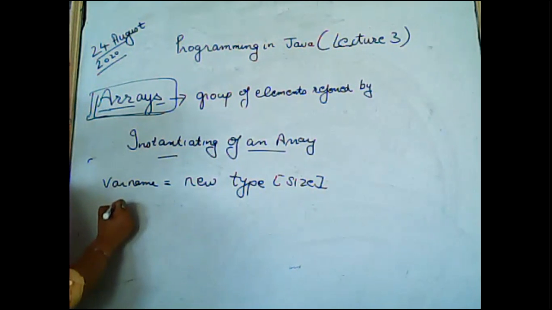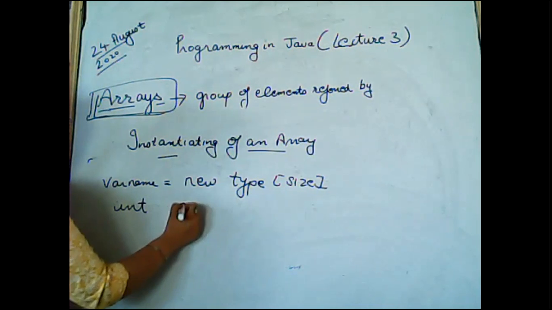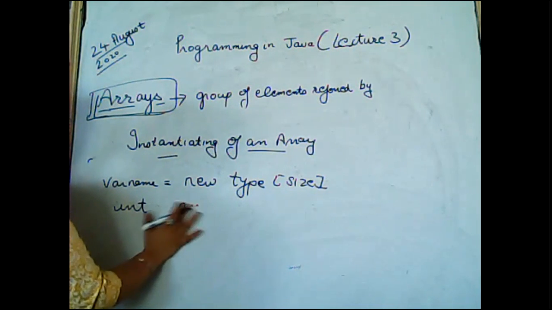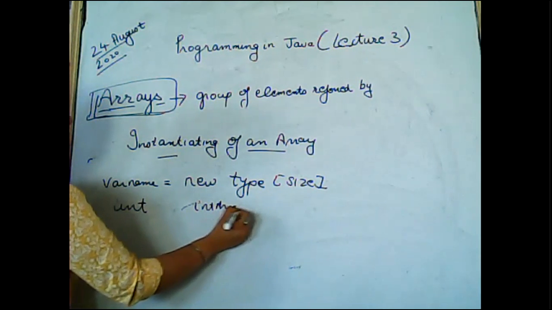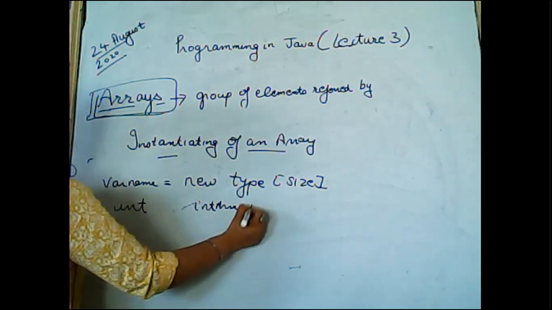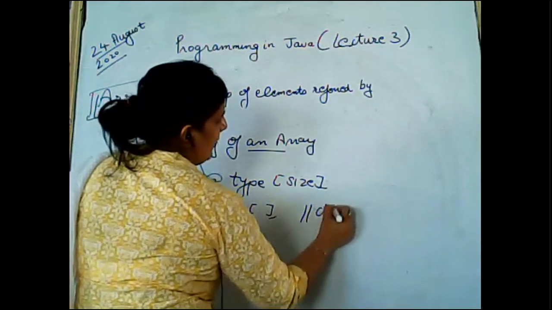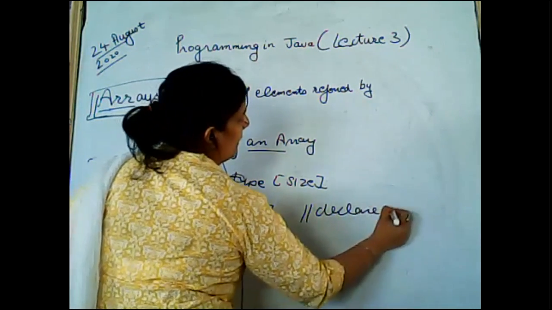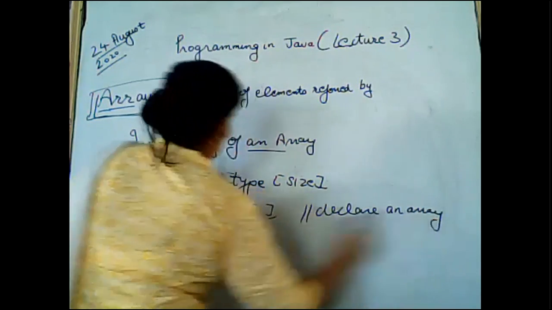So what we will be writing, let's suppose, is int, and this is our array name. Let's suppose I am taking the name int array and old. So what we mean by this statement is that we need to declare a particular array. Okay?